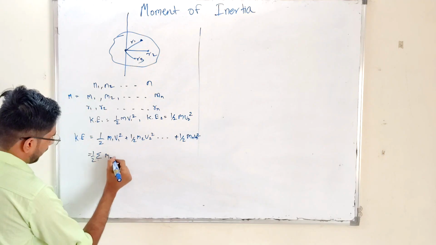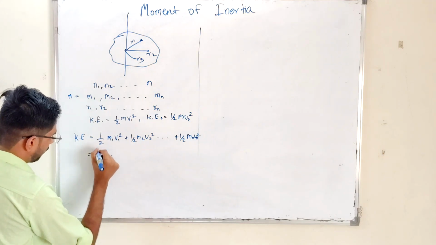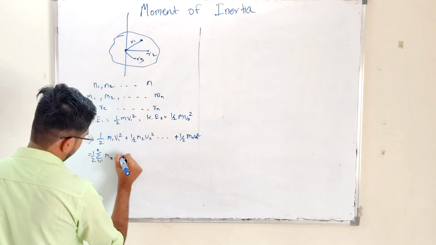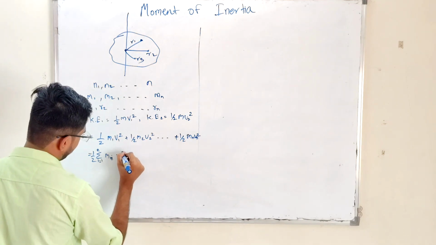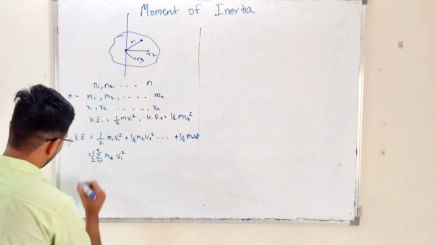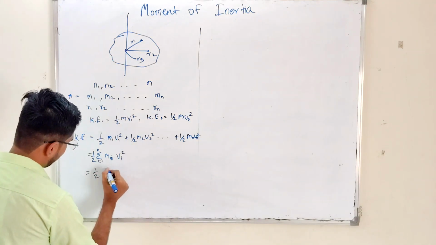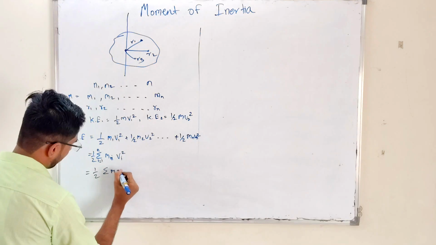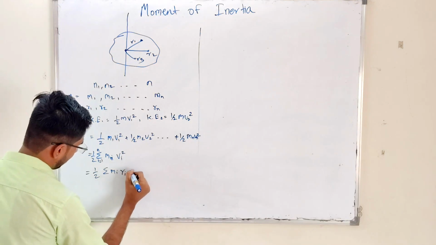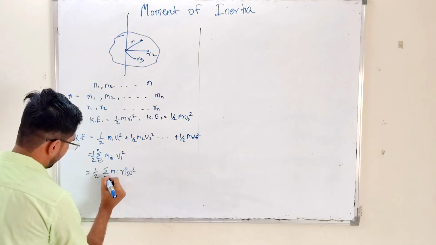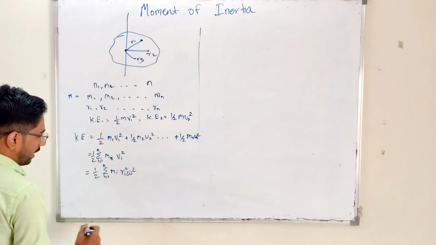So here we can write it as the summation of half mi vi square, where i goes from 1 to n. Here we can put the value of v as r omega. So half summation mi ri square omega square, i from 1 to n.